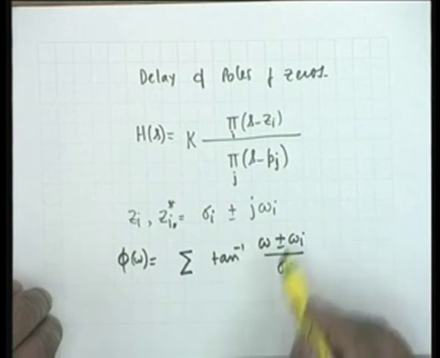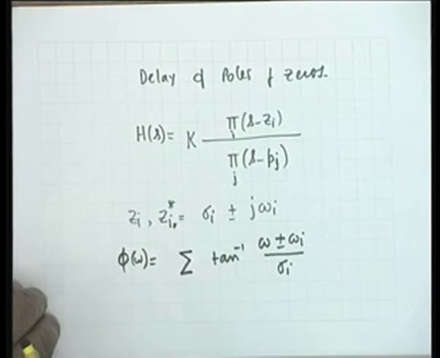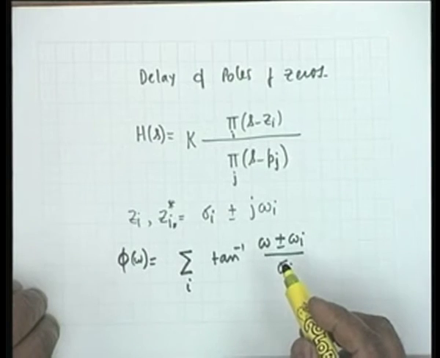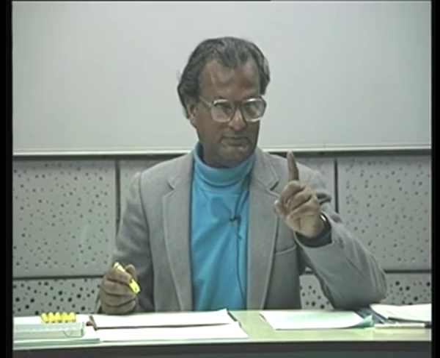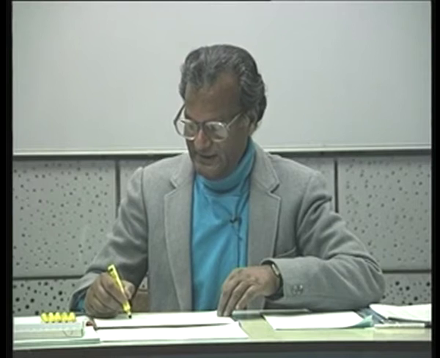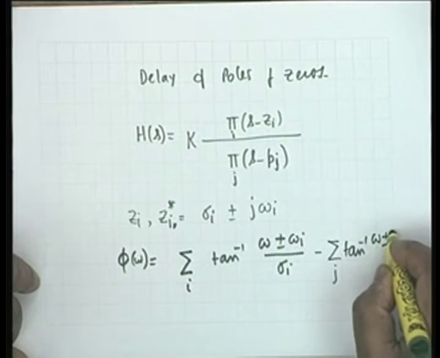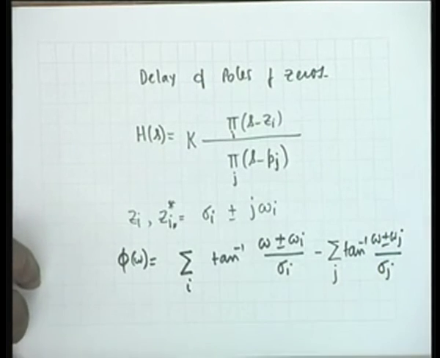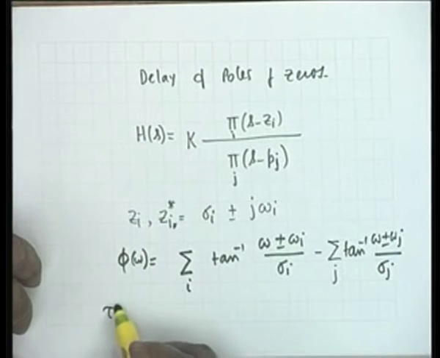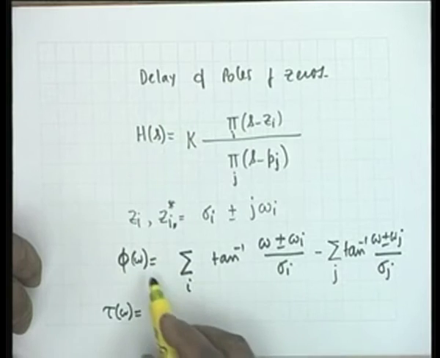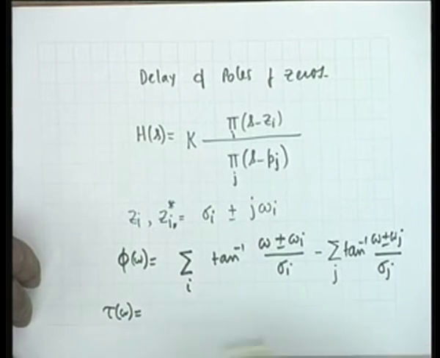There will be a plus term, there will also be a minus term, summed over i. We are taking pairs here, it being implied that if there is a real zero, then there will be only one term. Minus the summation over j of tan inverse of (omega plus minus omega_j) divided by sigma_j. This is the phase of the total system, and tau(omega) you can now find out by taking minus d phi d omega.